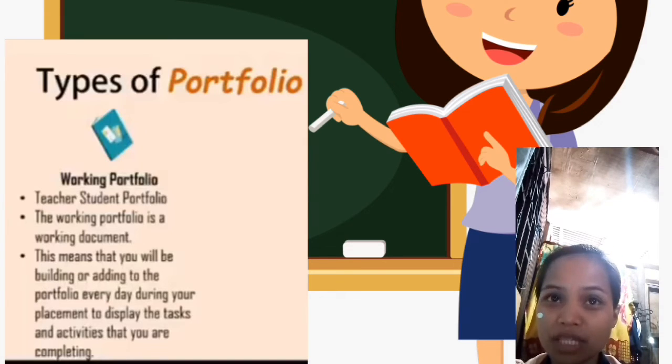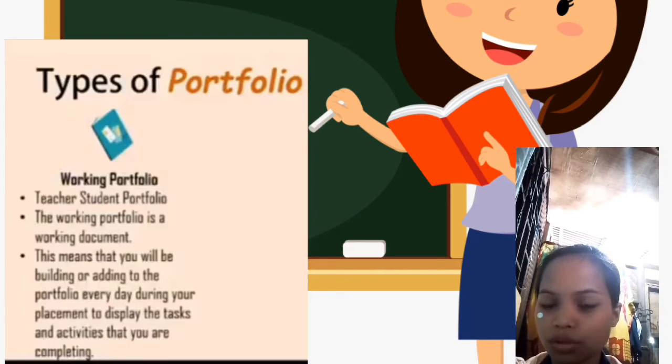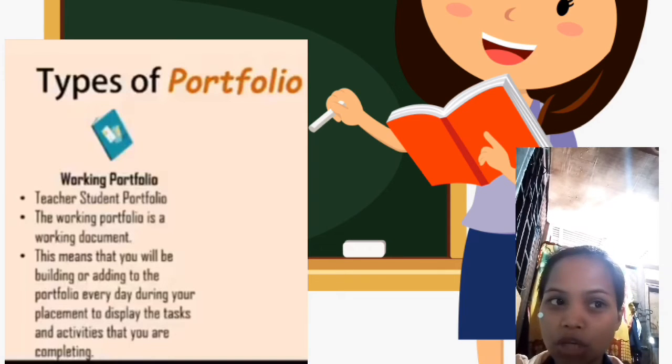Based on its name, it is a project at work to reflect the activity done by the teachers and students. It documents the stages of learning and provides the progressive records of students' growth. This is the interactive teachers and student portfolio that aids in the communication between teachers and students.